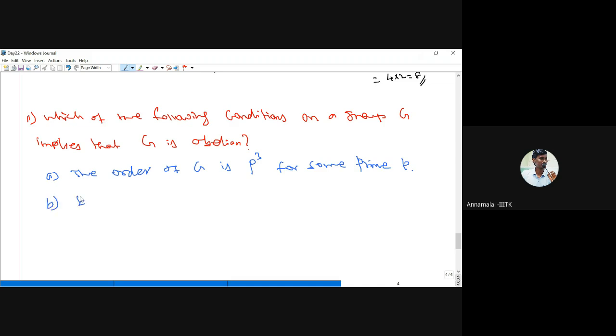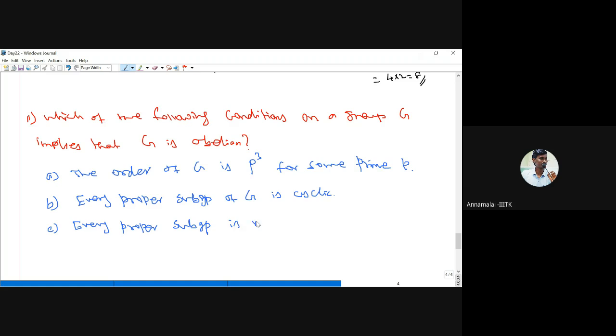Look at the second one. Every proper subgroup of the group G is cyclic. From this, can we say G is abelian? Now, third option: every proper subgroup is normal.